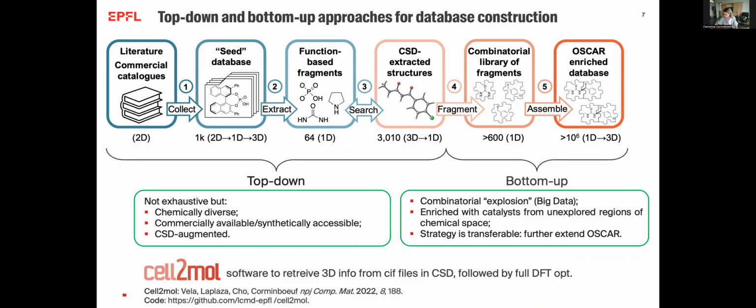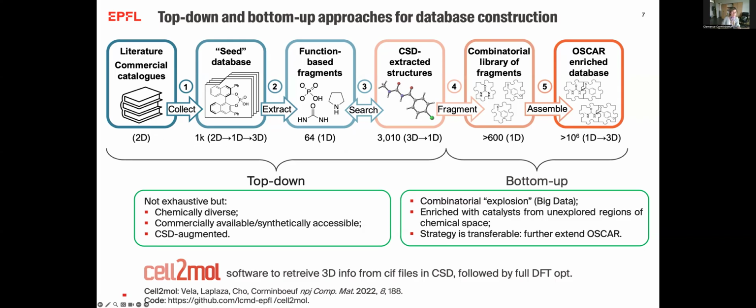And it starts with using the brain of Simone to actually build this, to extract 1,000 catalysts from literature and from catalogs like Sigma Aldrich as ChemDraw, and he extracted 1,000.